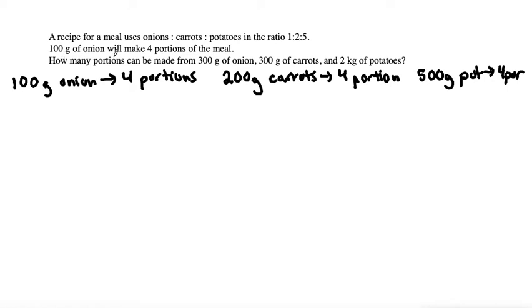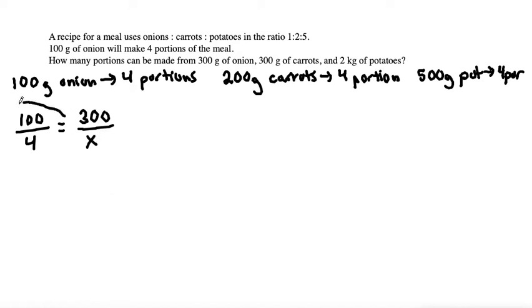So to figure out how many portions can be made from 300 grams of onion, let's do a proportion with amount of onion on top and portions on bottom. So 100 grams of onion makes 4 portions. We can set that equal to 300 grams of onions making x number of portions.